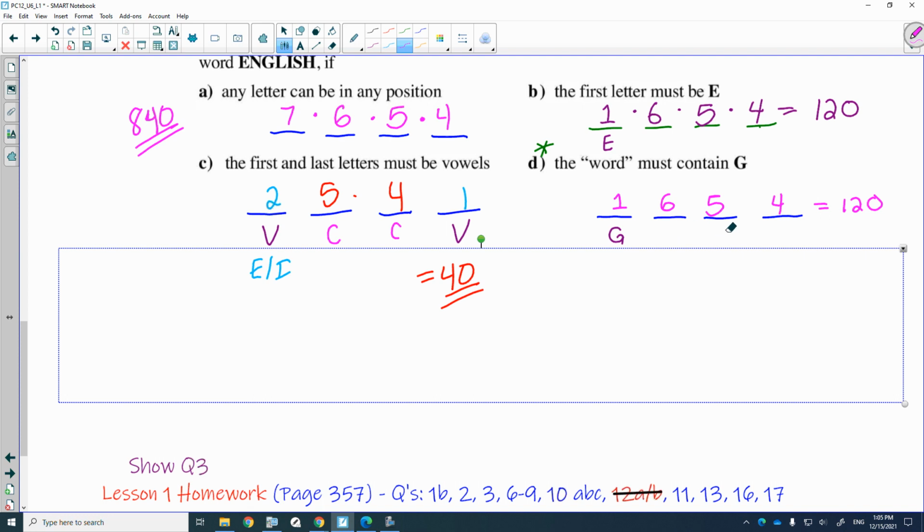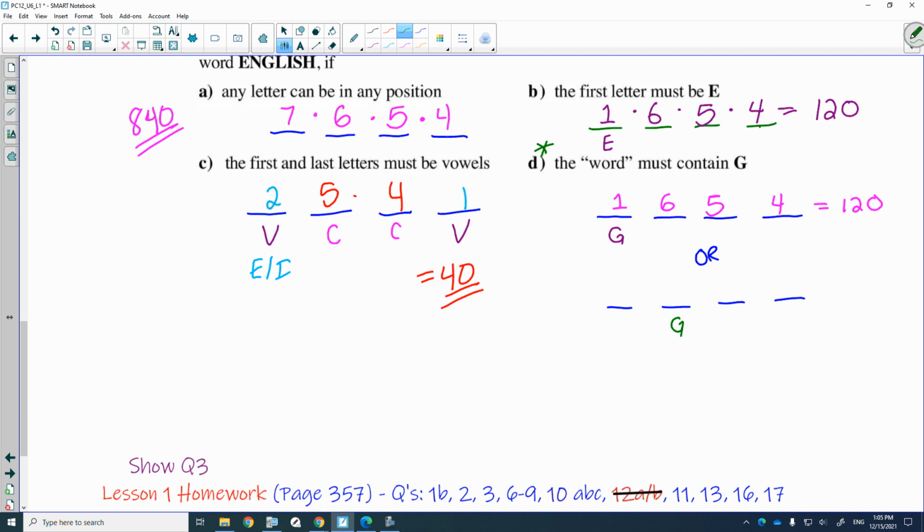So this is an or question. So the G could be in the first stage, or the G could be here. So again, there's only one G in the word English. After you place that one, you've got 6 letters, 5 and 4, 120 different ways.